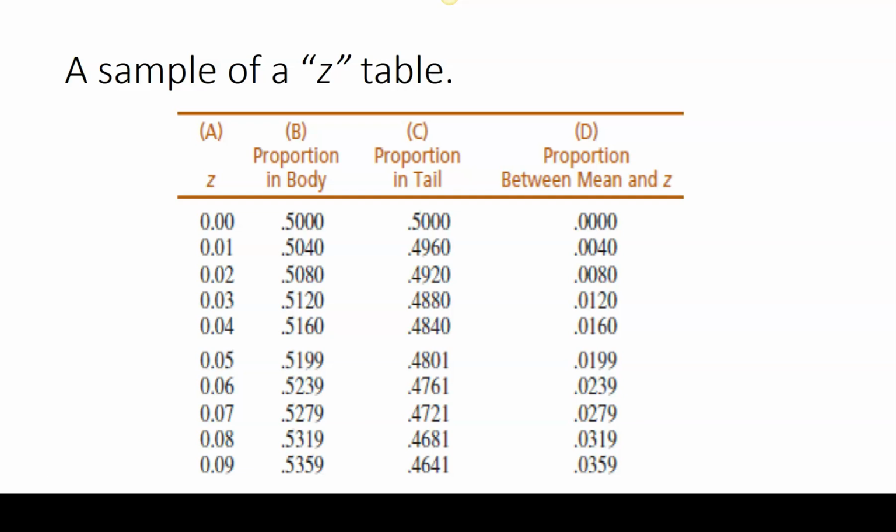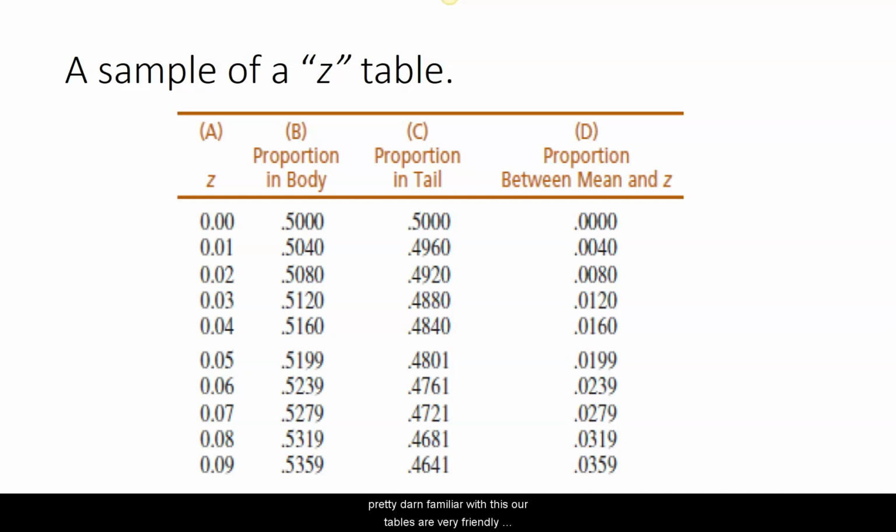Well, as you can see, here's a sample of our Z table. Now, what should be noted is that the body and the tail always add to 1, and then you have the proportion between that value and a Z of 0, which is between the mean and Z. Each of these columns will have their own utility later as we're solving these problems. But now that we've been through this a good number of times, and of course you have access to the Z tables that I've scanned in on D2L, we're pretty darn familiar with this.